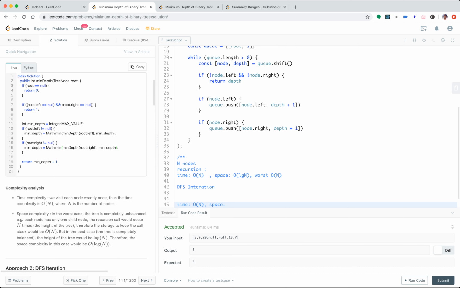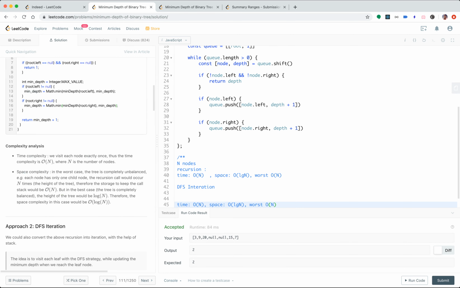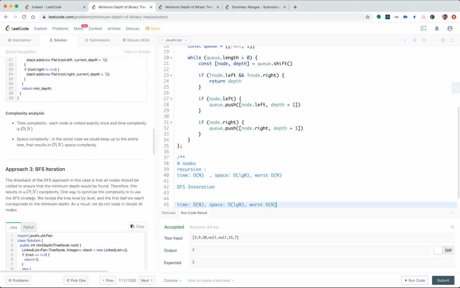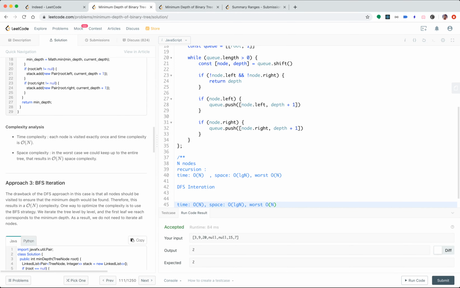The maximum stack will also be the same, so the space will also be O(n) in the worst case, and averagely it should be log n.